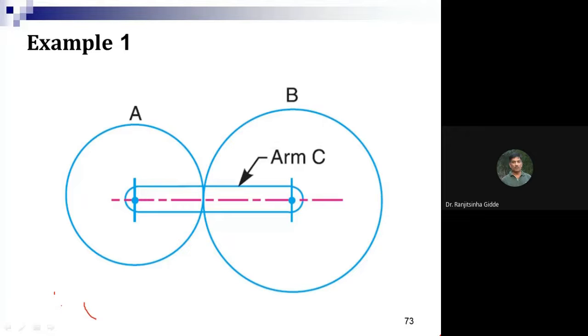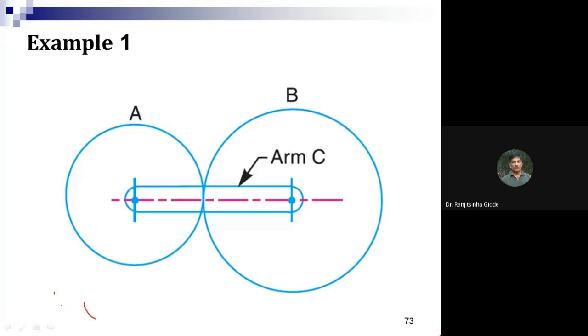So first you are going to draw this sketch. During the examination, it is not required to redraw in the answer sheet. Just refer to the diagram. If it is not given and only the statement is given, then you are going to draw the diagram.